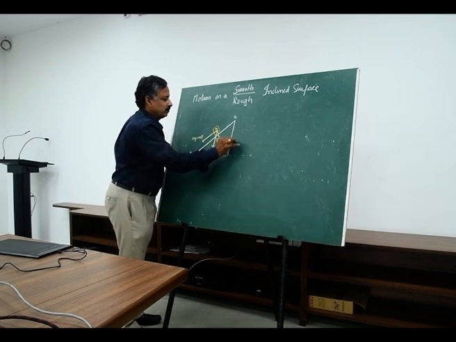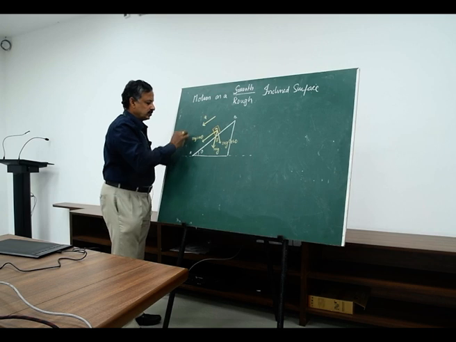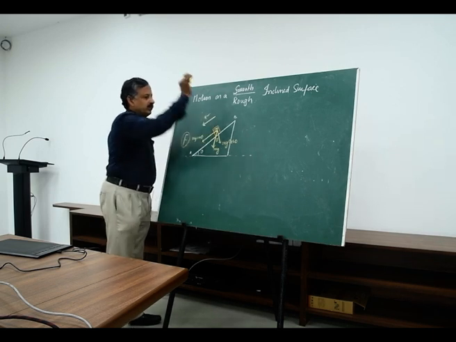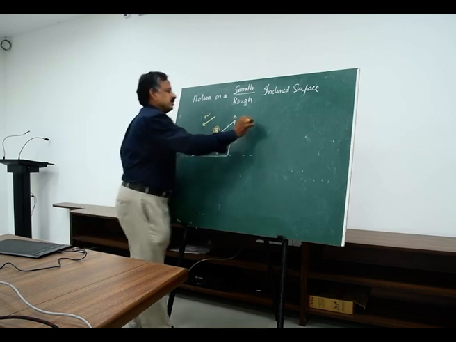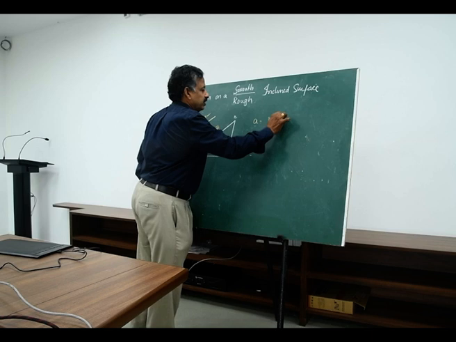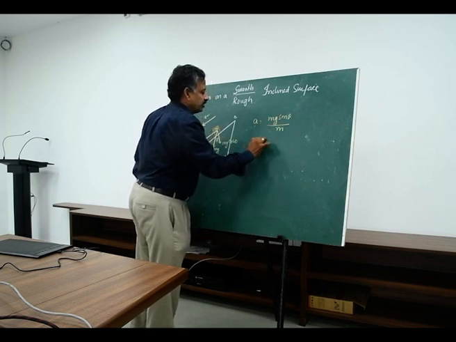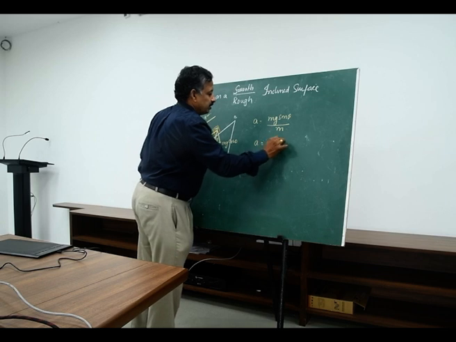I would like to find the acceleration in this direction, and this is the force. So once I know the force, knowing the mass, I can find acceleration. Acceleration is equal to mg sin theta, the force, divided by the mass of the object. So a is equal to g sin theta.